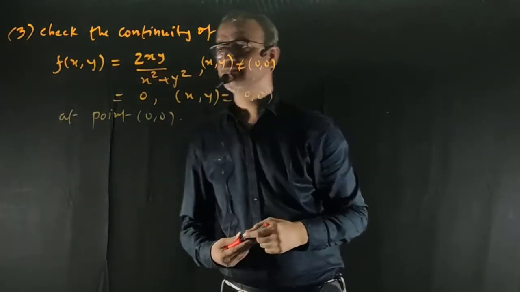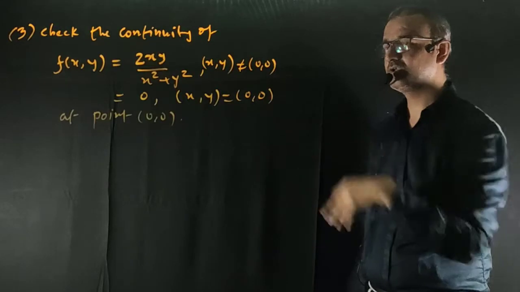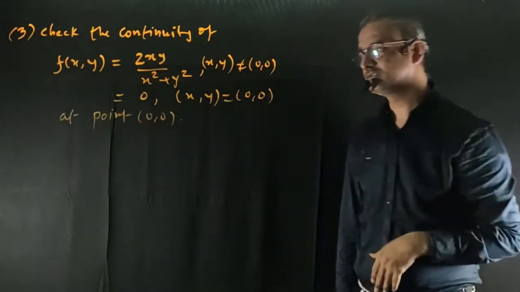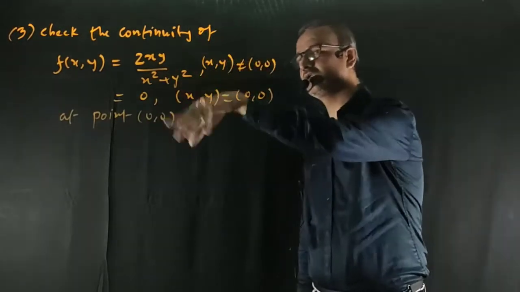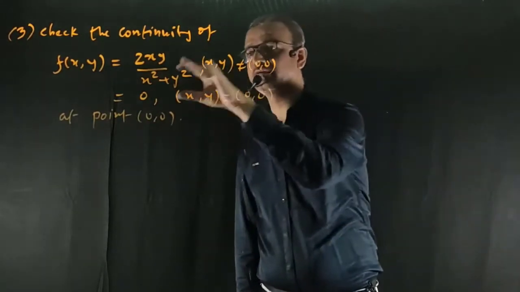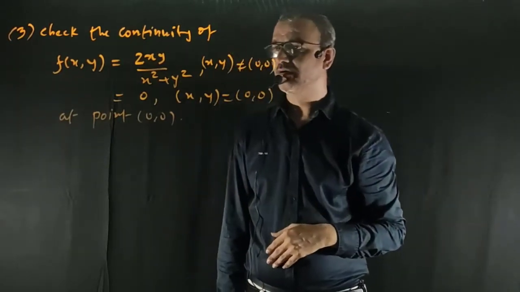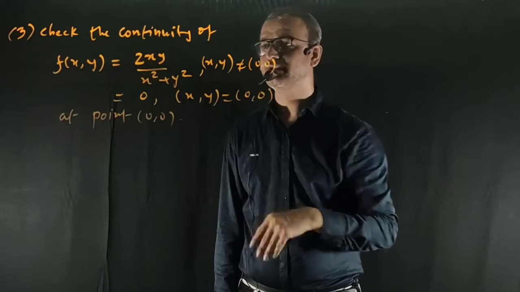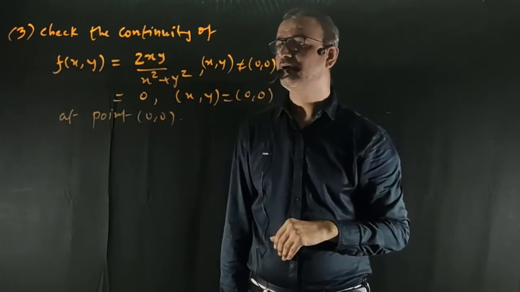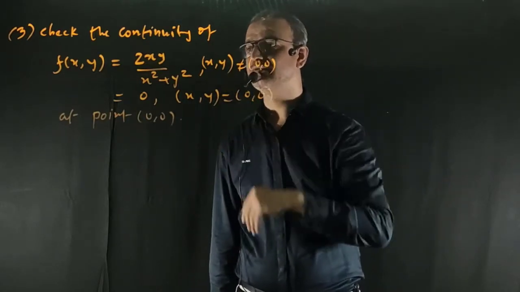Now here we have to check the continuity of this function, right? When (x,y) is not equal to (0,0) and its value is 0 at point (0,0). So we have to check the continuity of this function at point (0,0). To check whether the given function is continuous at (0,0) or not, first of all we have to find out its limit at point (0,0), and then after we have to see its value at point (0,0).